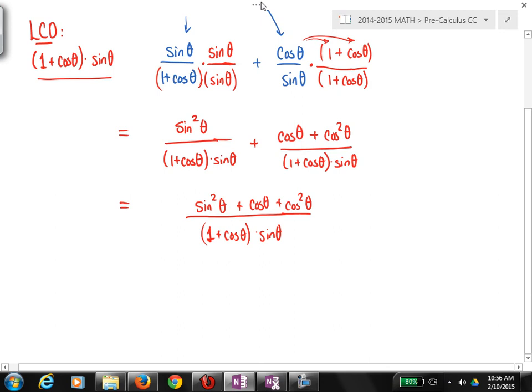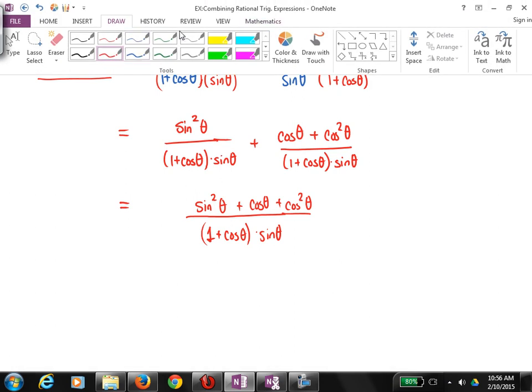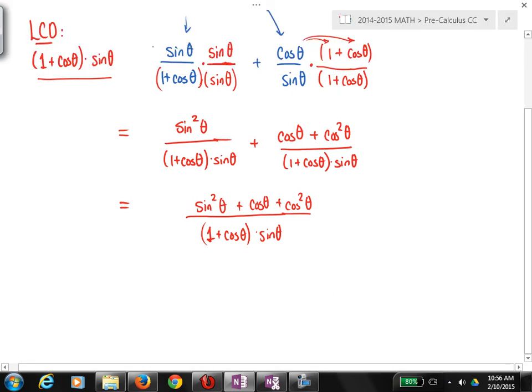Now on this one, it may require a little bit of practice in recognizing some of these Pythagorean identities. Remember, whenever you see this cosine squared, sine squared, you might want to think of your Pythagorean identities. And the first one I should be familiar with is this one, because from this I could derive all the other ones.